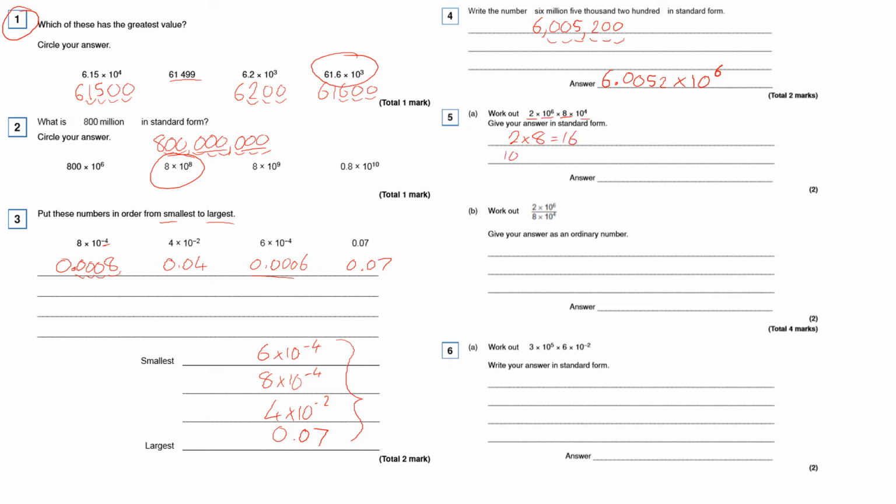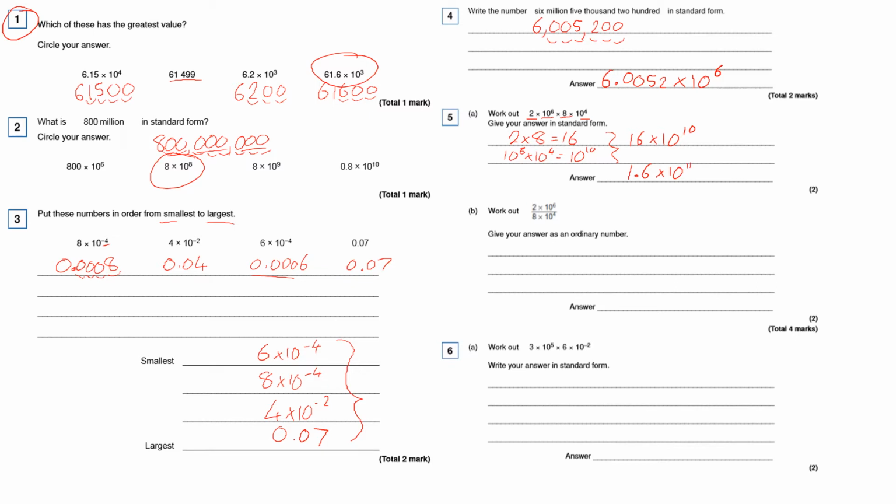So if we go 10 to the 6 times 10 to the 4, we'll get ourselves 10 to the power of 10. So our answer here is 16 times 10 to the power of 10, but this is not in standard form because 16 is bigger than 10. So what we do is we reduce that to 1.6 and we increase the power to 11. So 1.6 times 10 to the 11 should be your answer there.